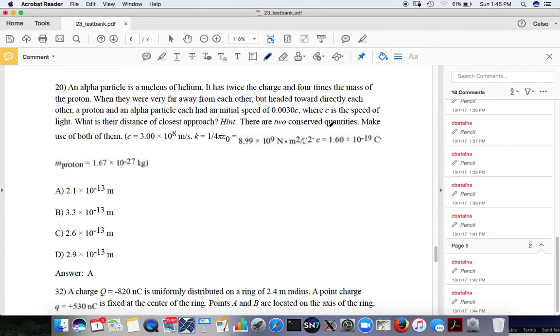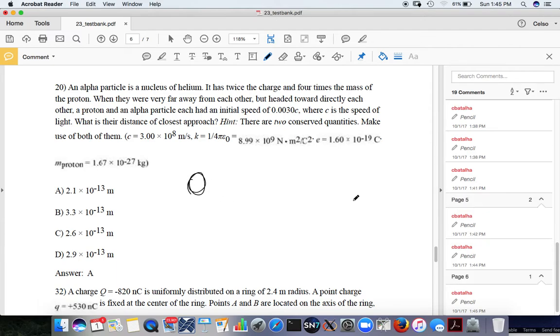Well, this problem is basically the same. You have an alpha particle, the nucleus of helium, which has twice the charge and 4 times the mass. When they were very far away from each other but headed directly towards each other, the proton had an initial speed of that much.